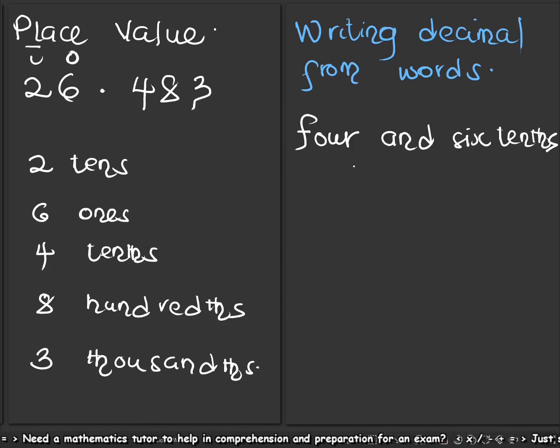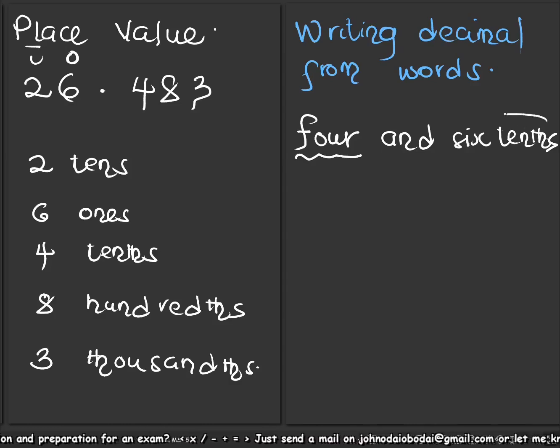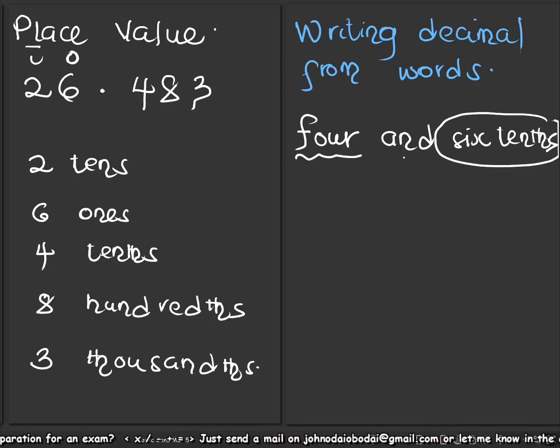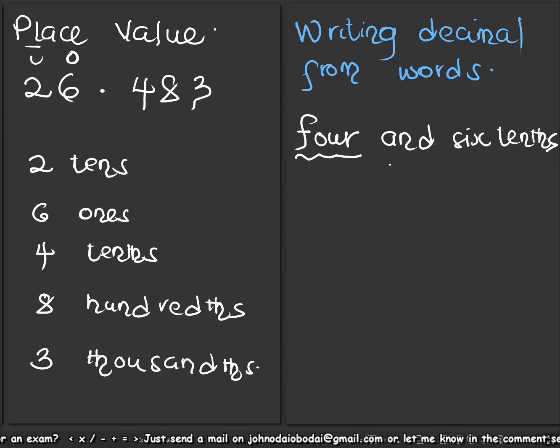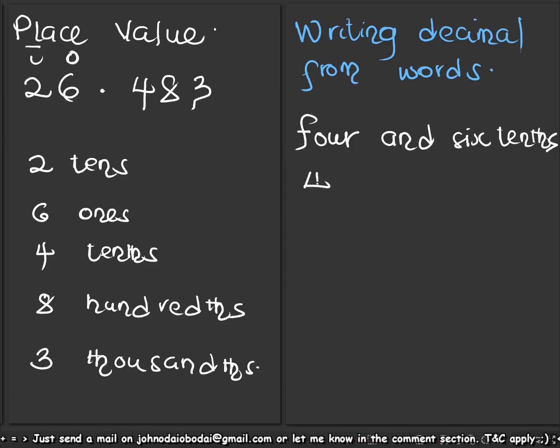You always need to pay attention to the two parts, you see. So you have the whole number part and the fraction part. The "and" will just be a decimal point. So the 4, you write 4 just as it is, then you say "and".